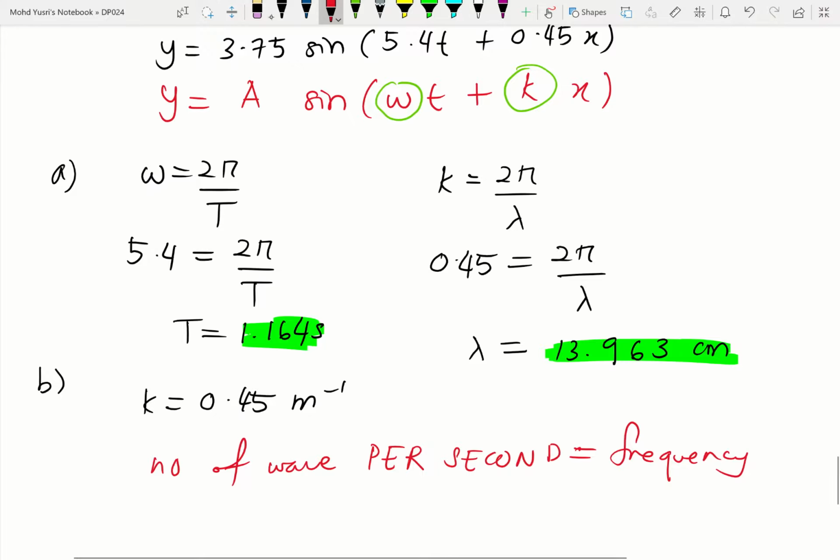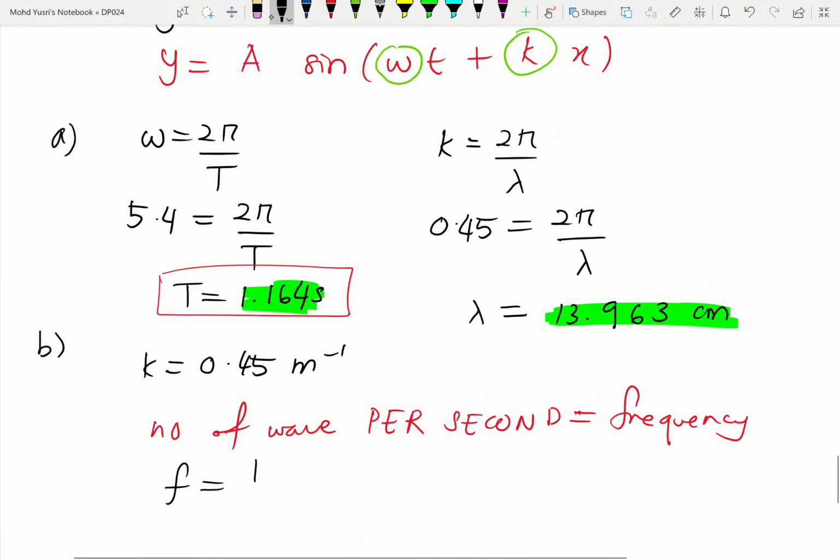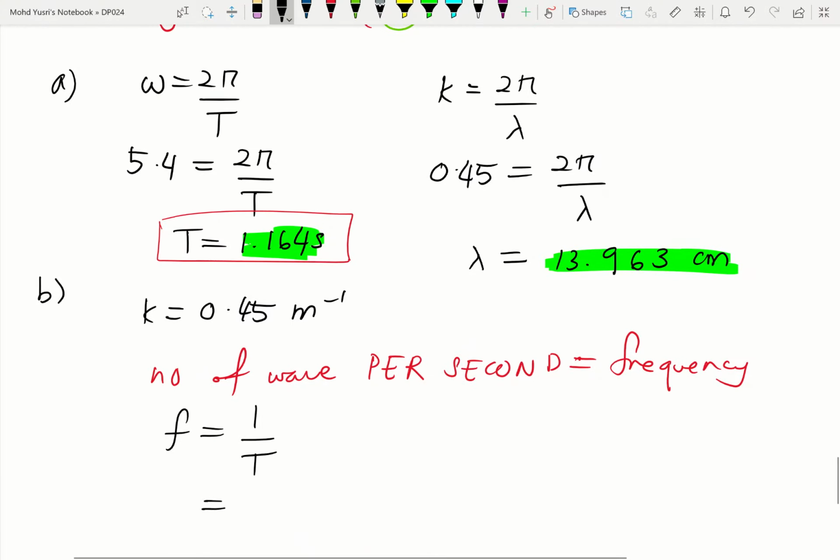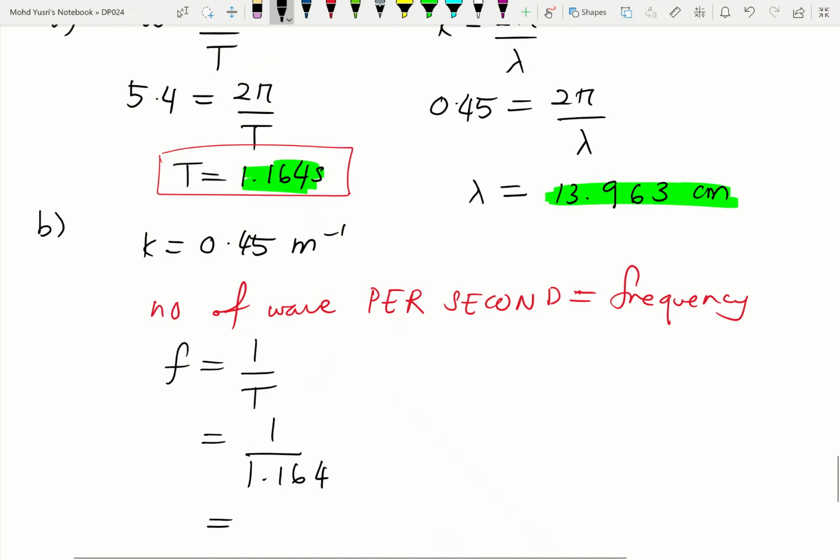Since we already have the value of period T, and we know that frequency is equals to 1 over period, we just substitute the value 1 over 1.164 second, and we have frequency f is equals to 0.859. Since the question asks the number of waves per second, I'll say 0.859 per second. So I use per second instead of hertz. Walaupun kedua-duanya betul, but I think per second is more suitable for this question. That is question B. So kalau saya salah, betulkan saya.